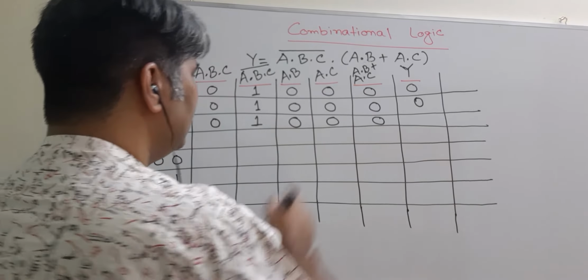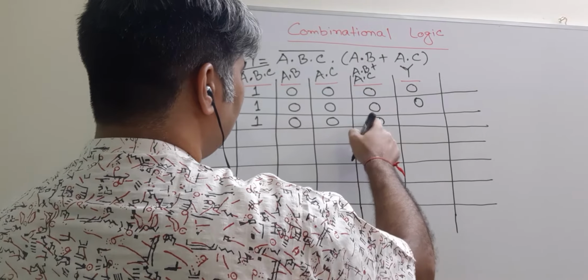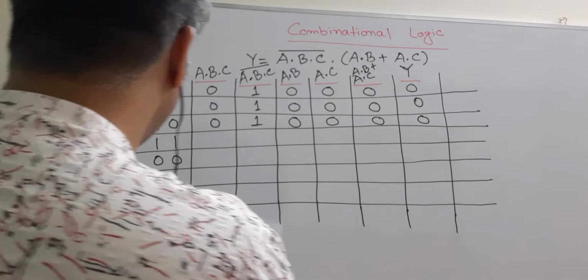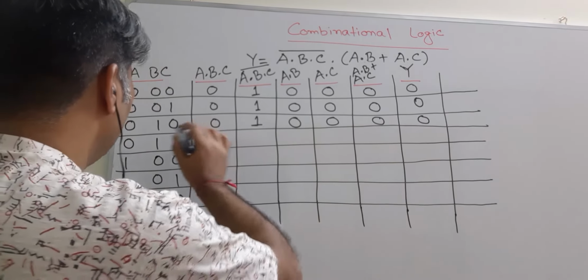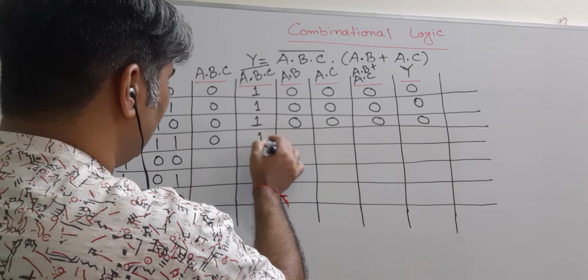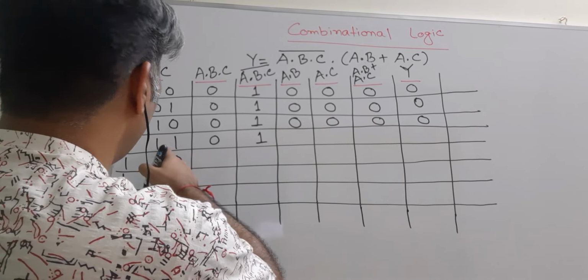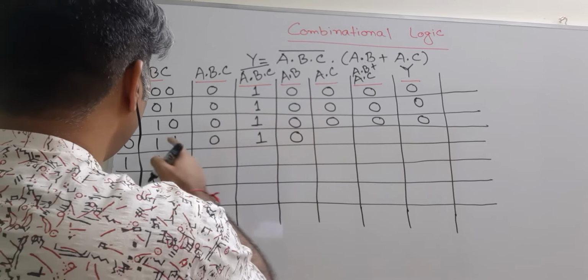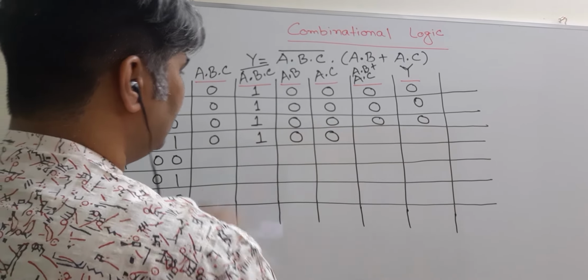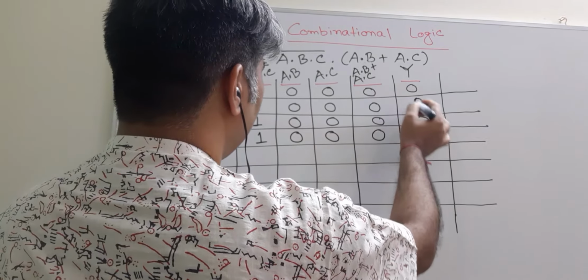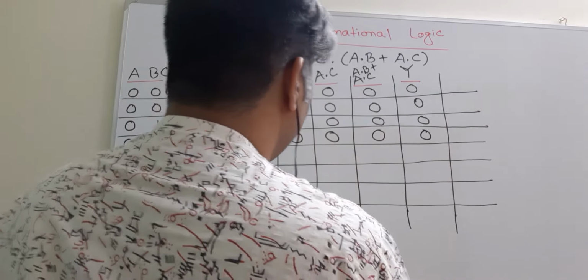And again, since this part becomes 0, this one automatically becomes 0. Similarly, for this term, this is 0 and this one becomes 1. This one becomes A dot B, which becomes 0, and A dot C, which again becomes 0, and then this one is 0 and this one is 0 again.